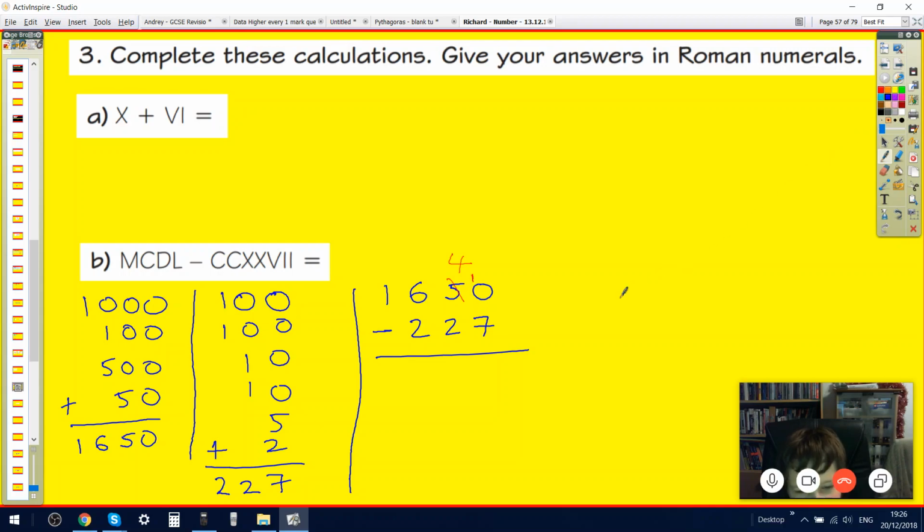So 10 take away 7 is 3. 4 take away 2 is 2. 6 take away 2 is 4. And 1 take away nothing is 1. Well done. Okay, so I think you're good for that.